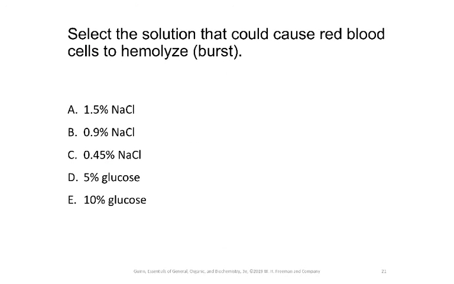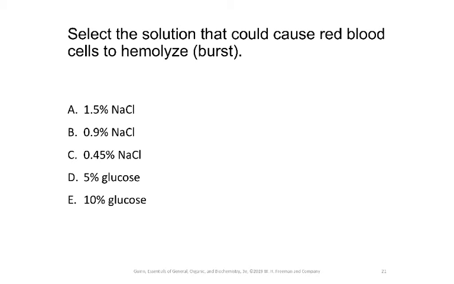All right, let's take a question here. Back on the red blood cell slide, select the solution that could cause red blood cells to hemolyze, that is, to burst. Okay, without going back, let's think about this, right? So hemolysis or rupturing or bursting would be water flowing in to the cell.